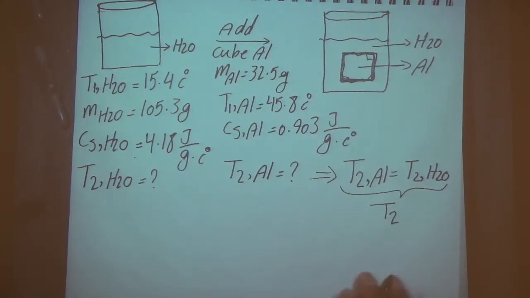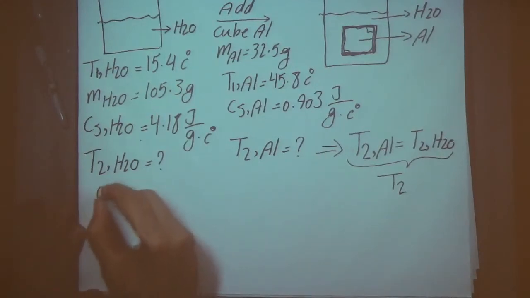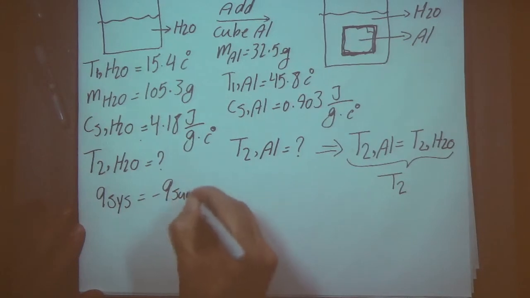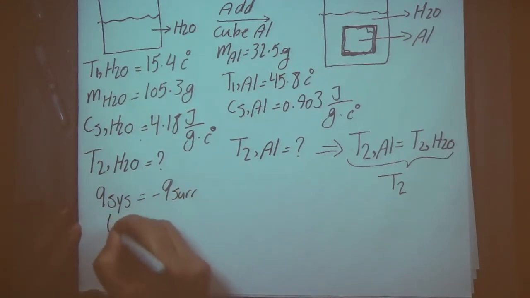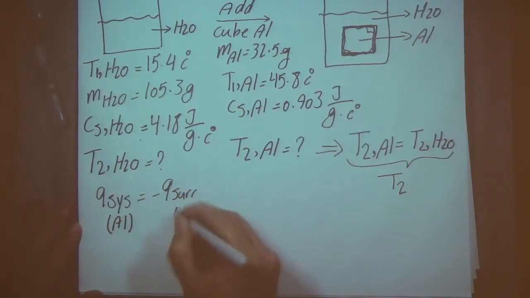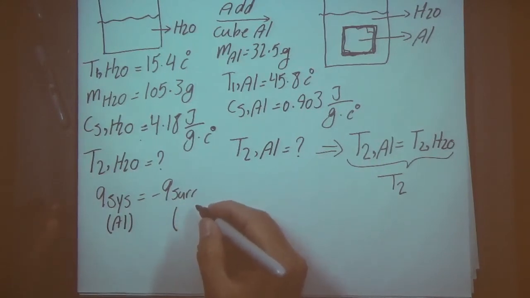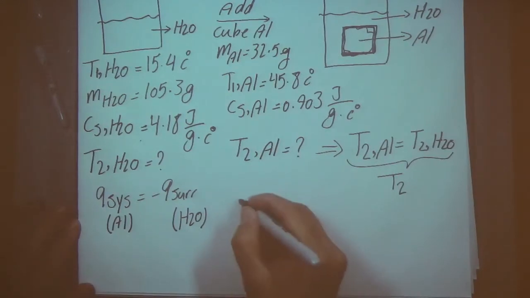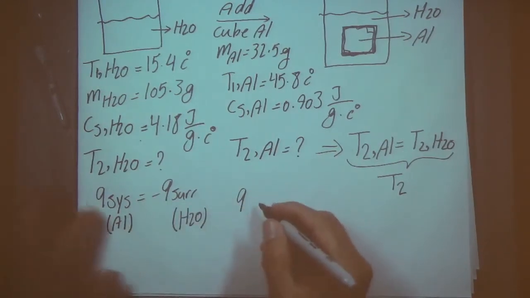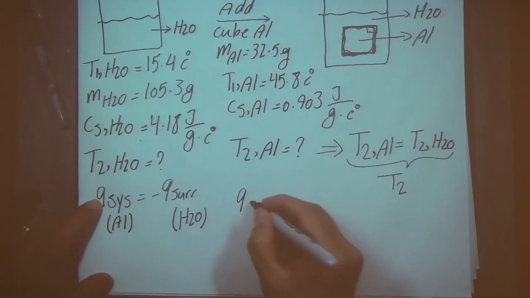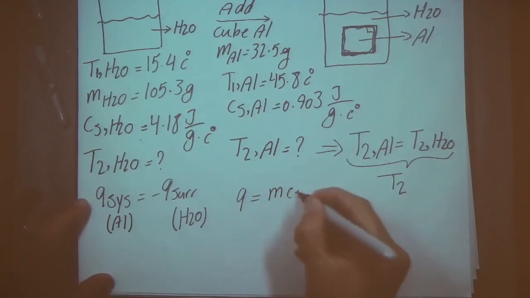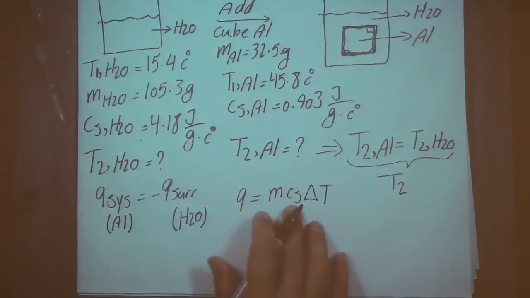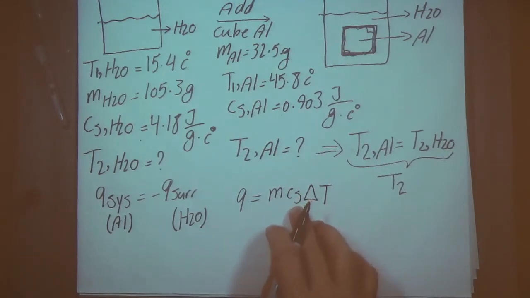So I get to here. Q of the system equal to minus Q of outside. Aluminum will be the system, and outside is going to be the one that's bigger, and it will be the H2O. So you go with Q. Q is equal to mCs delta T. You will use this formula. Why? Because I do have the mass and also the specific heat capacity for each.